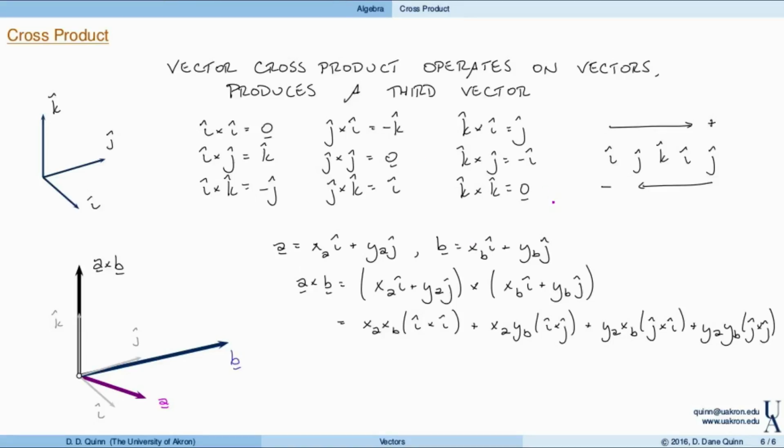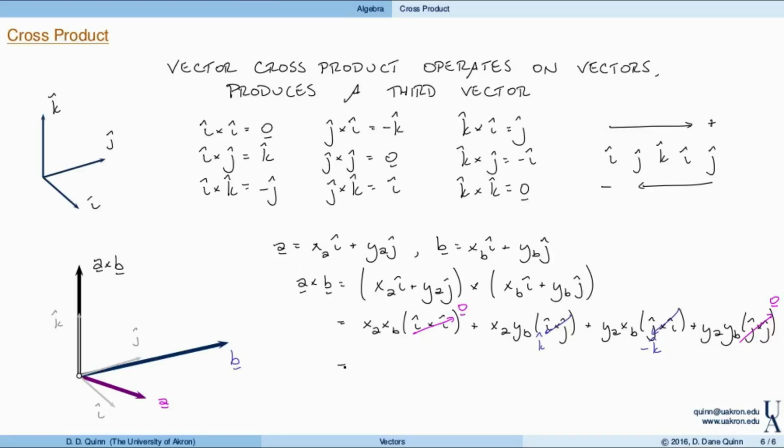So once again, comparing back with the cross product defined for the directions i, j, and k, we see that i cross i is equal to 0, j cross j is equal to 0. But i cross j is equal to k, while j cross i is minus k.